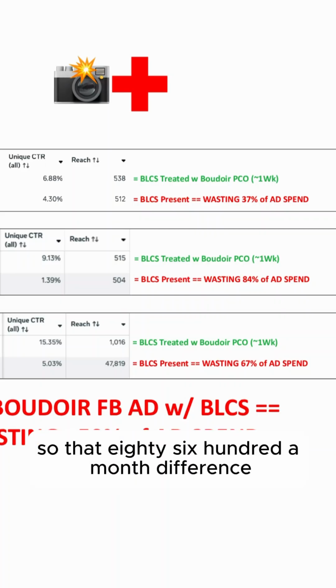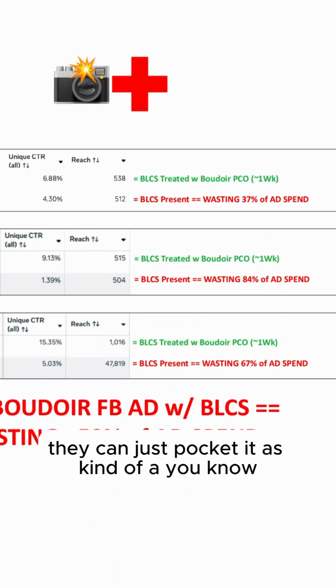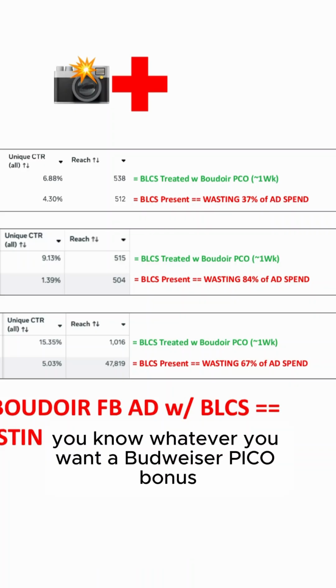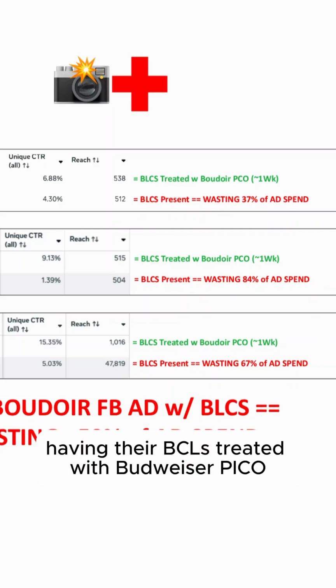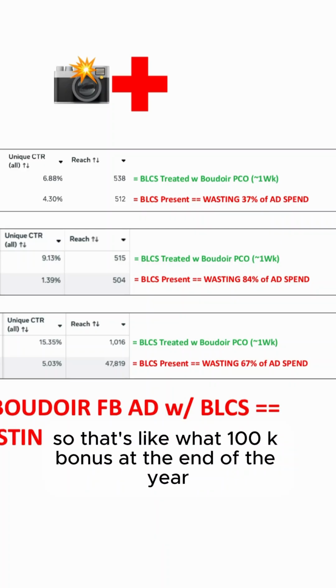So that 8,400 a month difference, they no longer have to spend it. They can just pocket it as kind of a phantom bonus, whatever we want, a Boudoir Pico bonus, simply from having their BLCS treated with Boudoir Pico. So that's like what, 100K bonus at the end of the year.